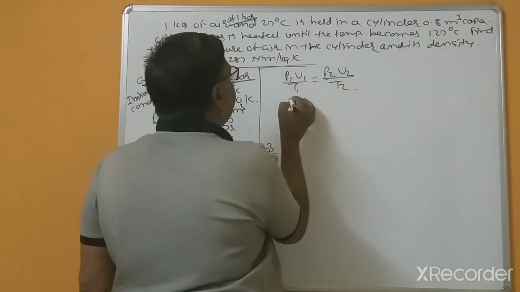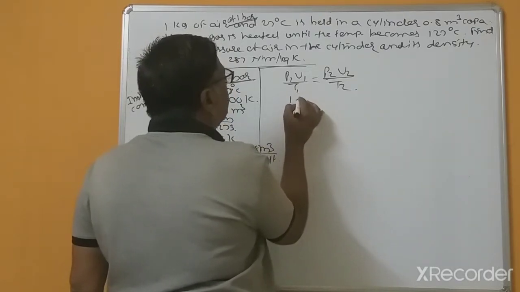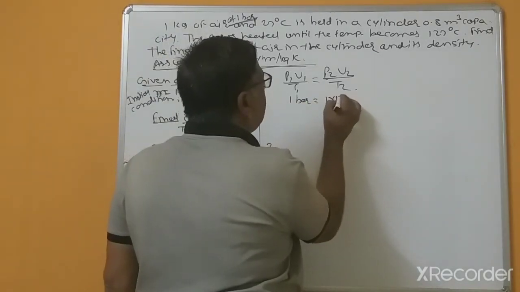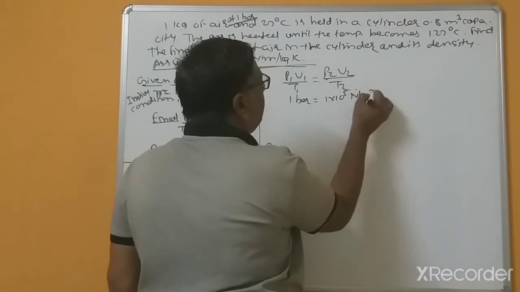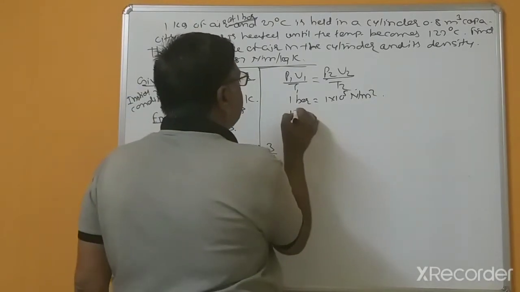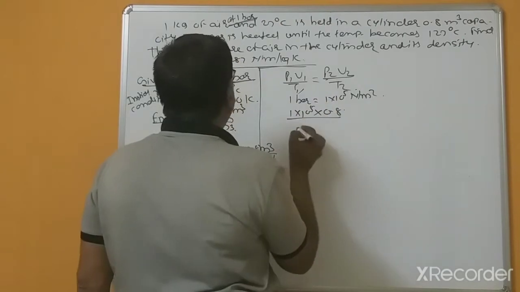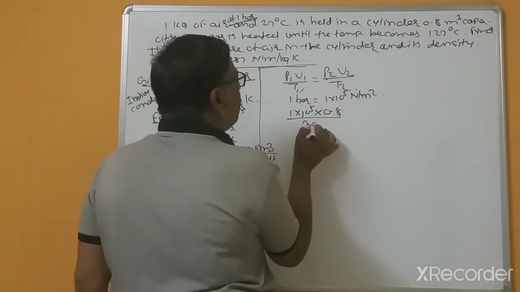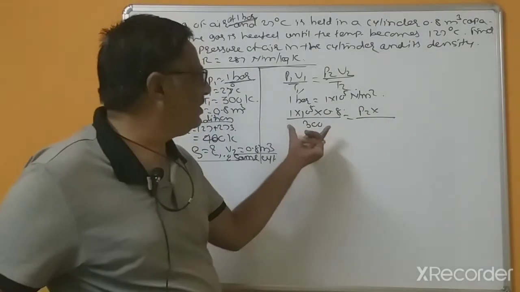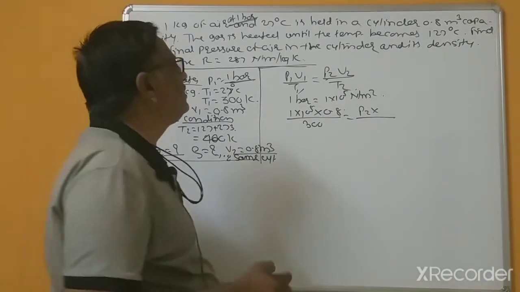So by putting 1 bar equal to 1 into 10 to the power 5 Newton per meter squared, you can use this directly. Then P1 V1 by T1 is 10 to the power 5 into 0.8 divided by 300, equal to P2 V2 by T2. You can keep this as 1 bar because we are finding P2, so unit remains same.